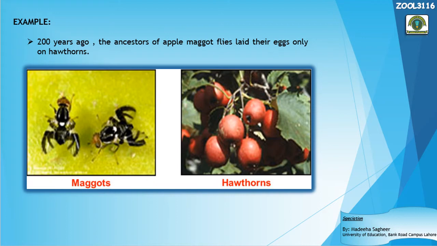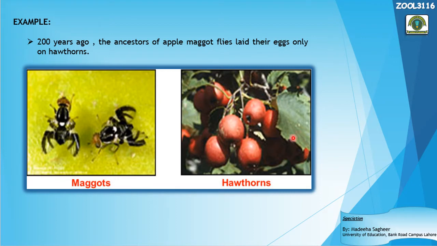Hawthorn also has medicinal importance, and it has small berry-like fruits. The ancestors of these flies about 200 years ago used to lay their eggs on the berries of the hawthorn plant.